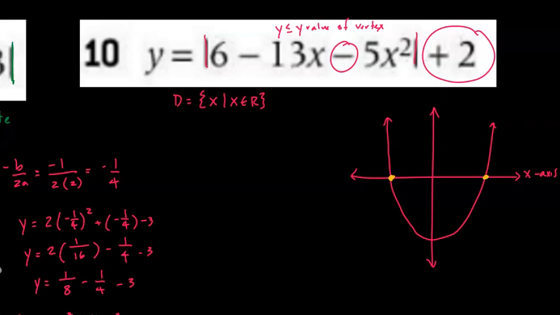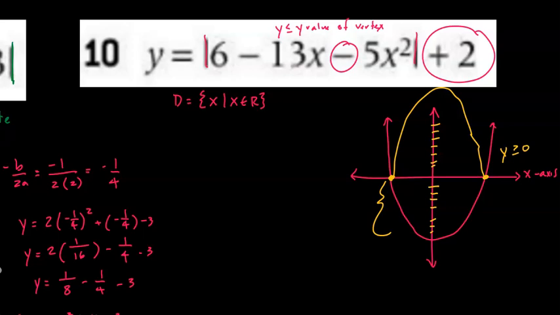That's going to be my lowest point. Everything else is going to move up like this, or it's going to become positives. All these negatives are now going to become positives. Okay? It doesn't matter what is below here. And this is going to be y is greater than or equal to 0. The range is going to be y is greater than or equal to 0.